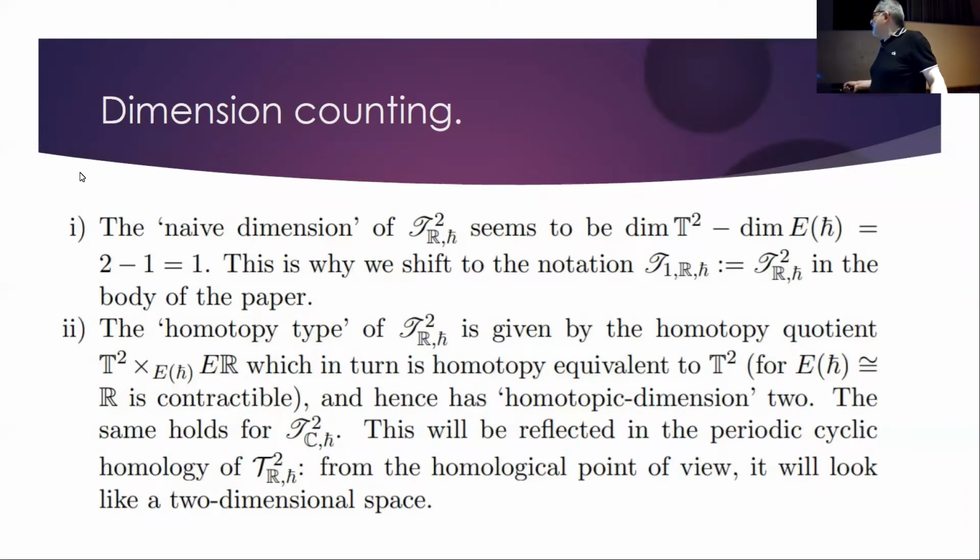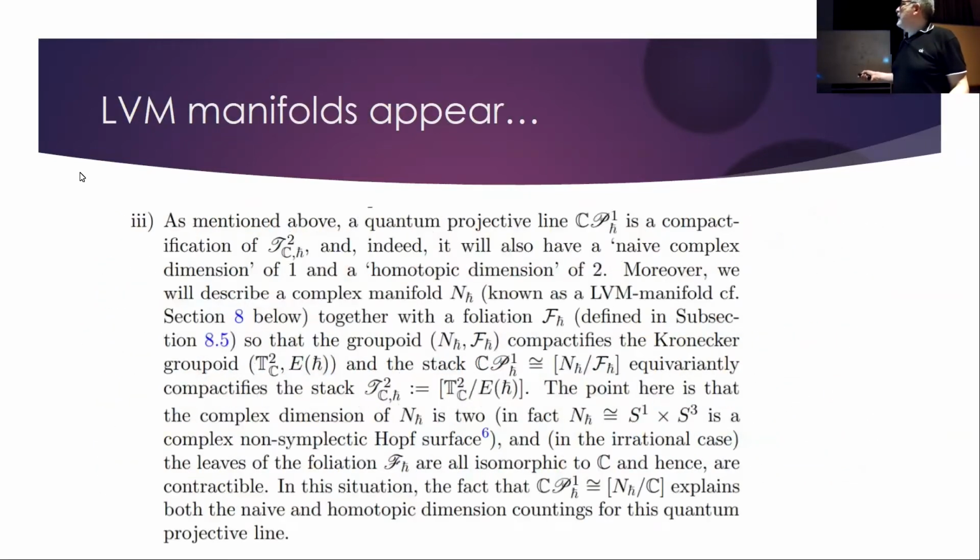And this is reflecting the periodic cyclic homology for this non-commutative space, that it will look like the torus. So this CP1 will also have a naive complex dimension of 1 and a homotopic dimension of 2. Moreover, perhaps it will clarify the situation a little bit.